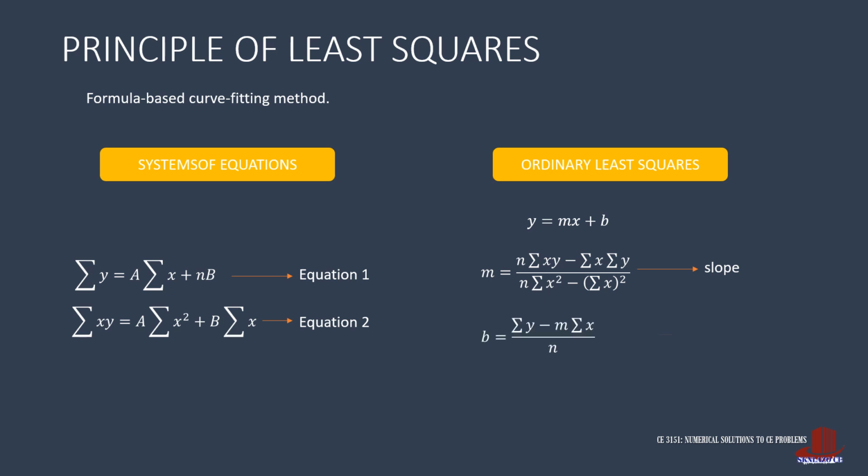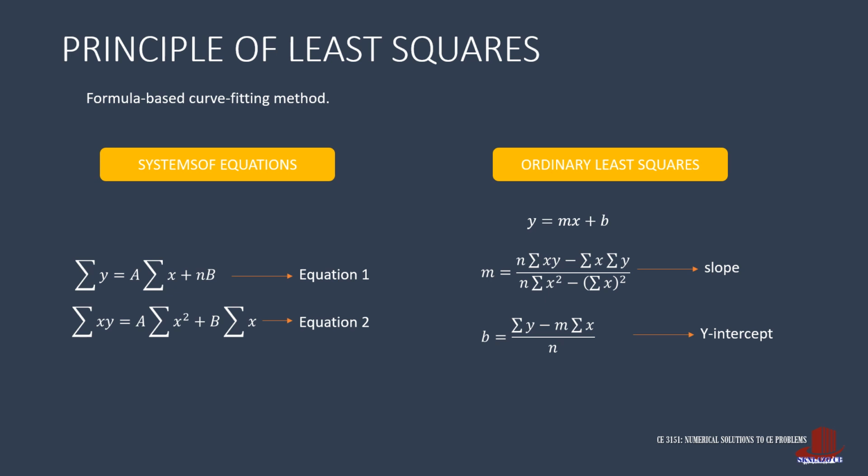The y-intercept is simpler, which is the summation of y minus the slope m times the summation of x upon n. From the last function, the slope is used to determine the y-intercept, which means that you should plug in the exact value of m in order to avoid deviations for the value of b.